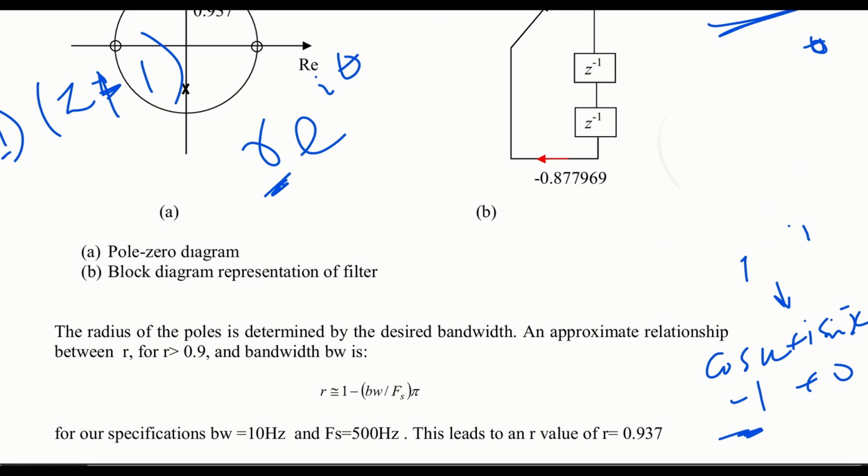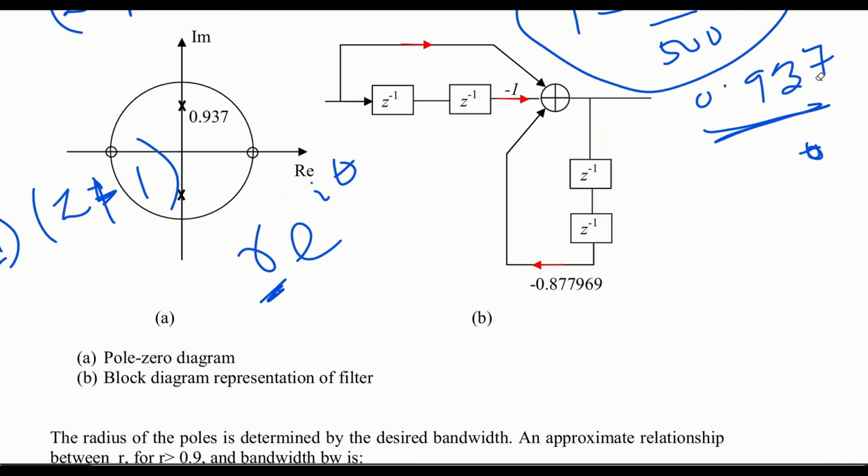So for the denominator of the expression, we know our r, we calculated it. Remember that this is a pole. Poles usually lie inside the unit circle, and we calculated our pole radius as what? 0.937 from the calculation.